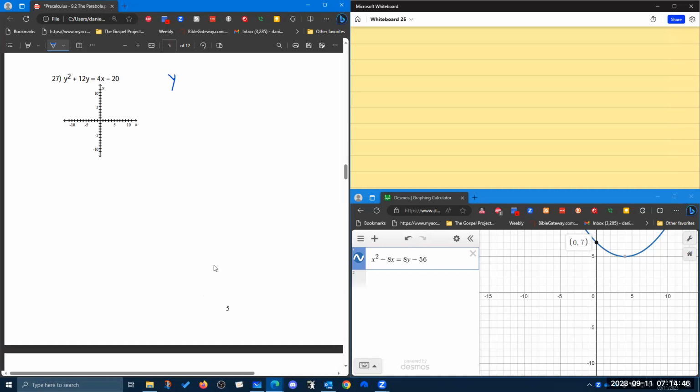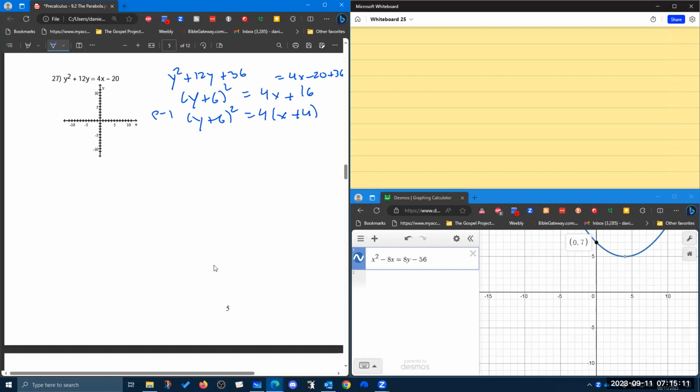Now I've got y² + 12y on this side and 4x - 20 on this side. Half of the middle number squared is 36. So (y + 6)² = 4x + 16. (y + 6)² = 4(x + 4).